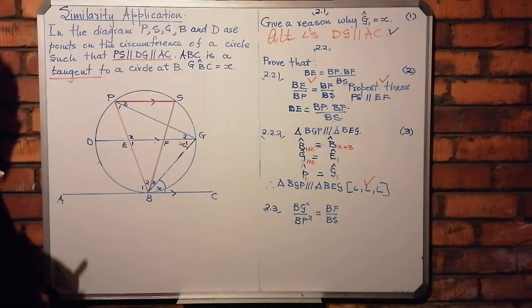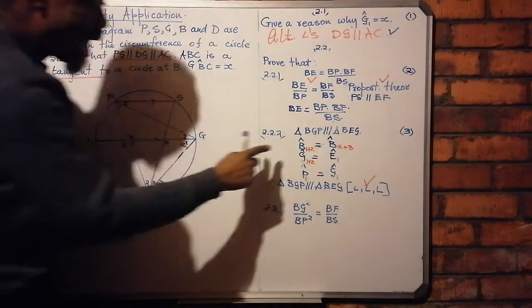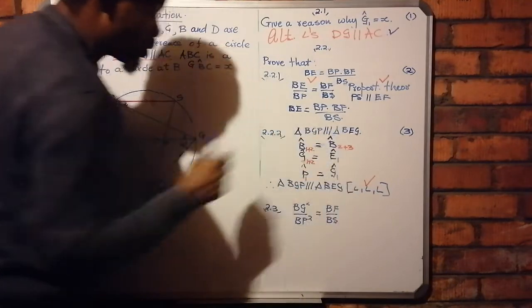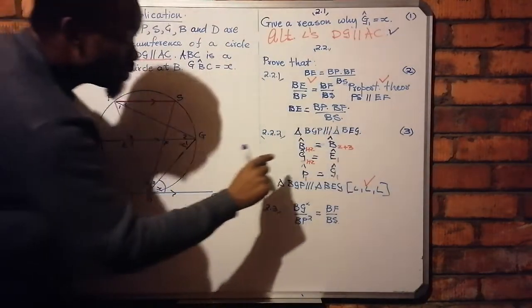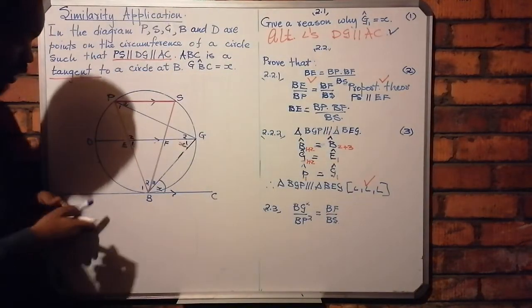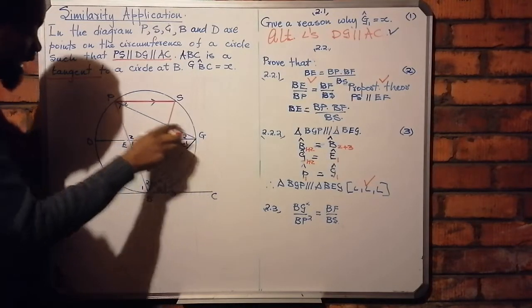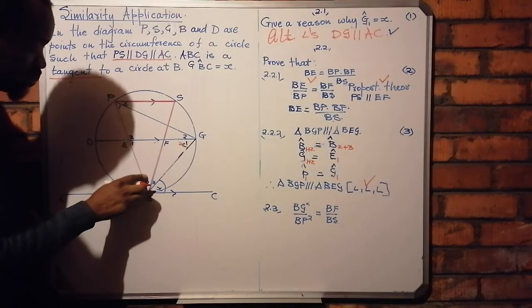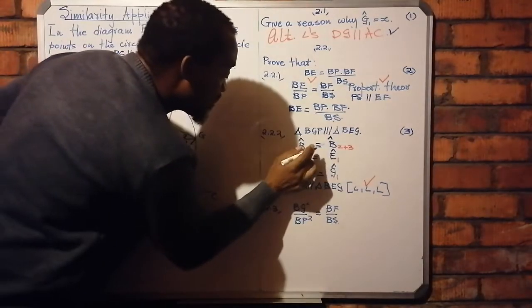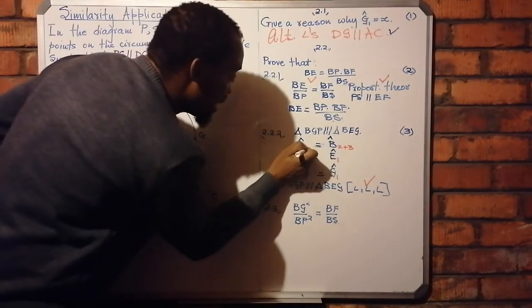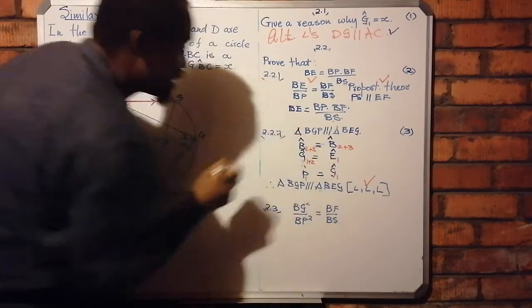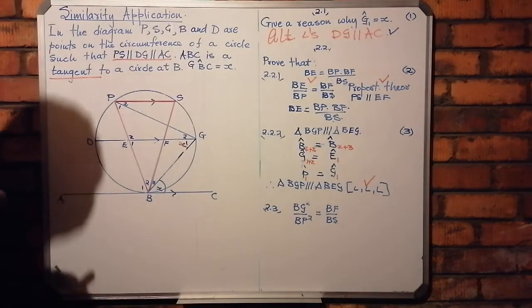Now, next thing is, why is this equals to that? Can you see that I'm talking about here triangle BGP, that is B2 plus B3. What did I write there? B2 plus B3. I'm sorry about that.